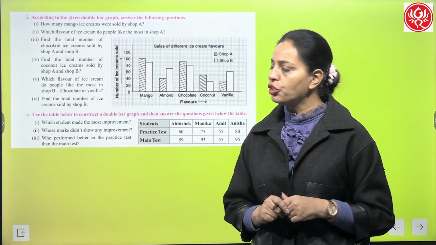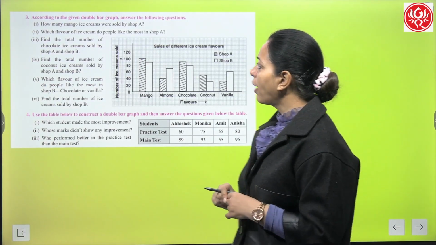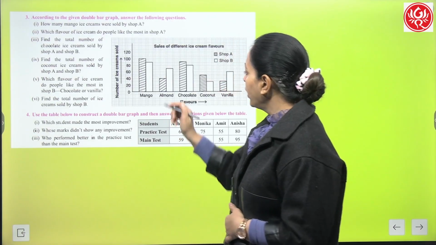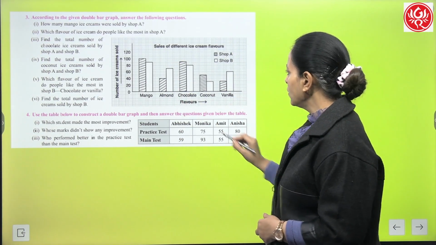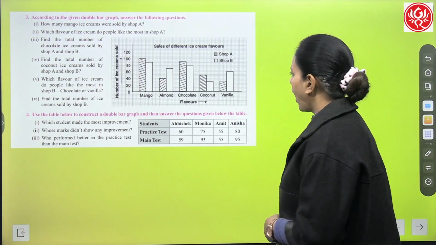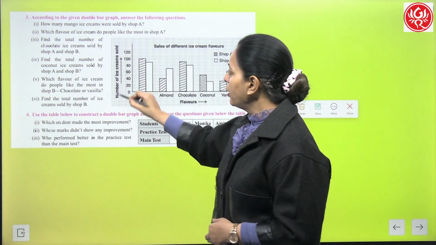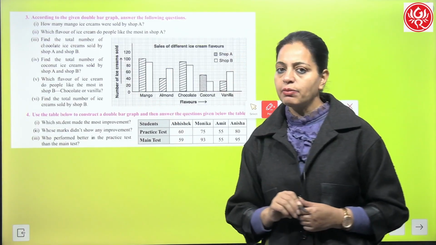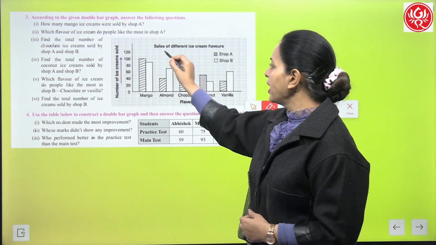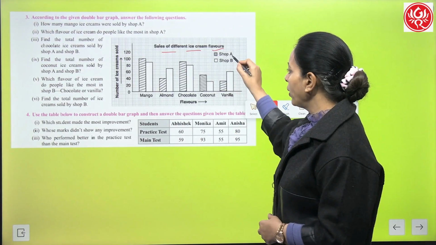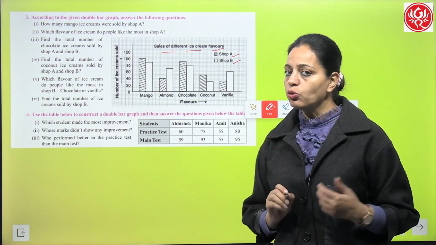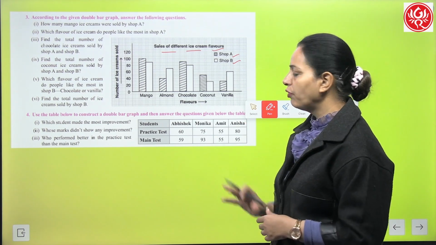Now the third question, according to the given double bar graph, answer these questions. Here you can see a double bar graph. Along the x-axis we have flavors of ice cream, and here the number of ice creams sold, right? Here shop A and shop B, two shops are given, and different flavors.